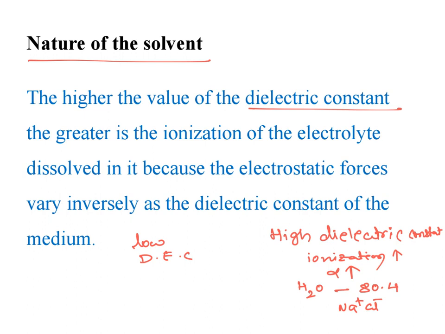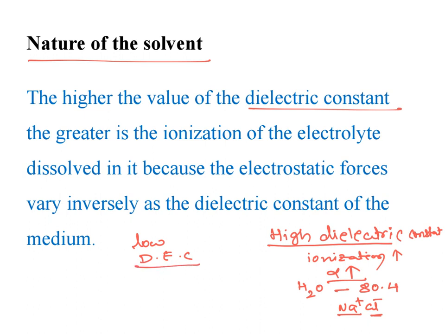The water dipole interacts: the negative pole of the water molecule interacts with the sodium positive ion, and the positive pole of the water molecule interacts with the negative species, and due to this the ions are separated. So a solvent with a high dielectric constant value increases the alpha value, the degree of ionization.